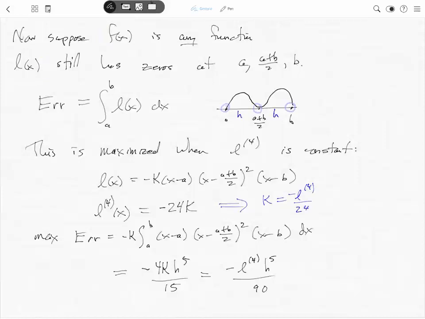And we know that because f and its quadratic interpolation agree at those 3 points. So L is going to be some function that has zeros at these 3 points. Now, how big could the error be? Well, the error is going to consist of the area in these 2 bumps here.